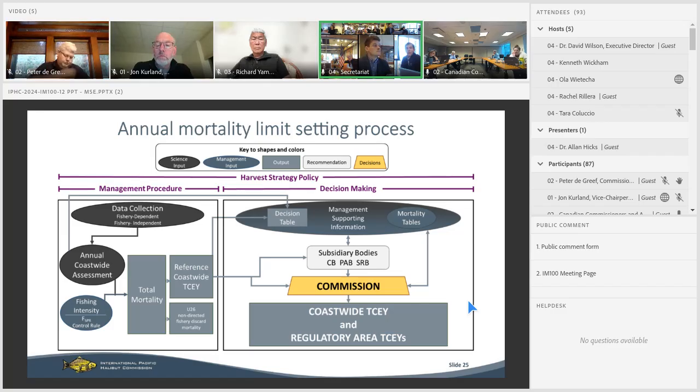So it actually describes the decision-making process as well. The MSE simulations incorporate that uncertainty or that variability in the decision-making process. So the MSE simulations are operating in the exact same way. It has a reference TCY, and then it may adjust that TCY up or down. It doesn't know exactly what's going through the mind of a commissioner, but it's robust to the commissioners being able to make that decision as well.